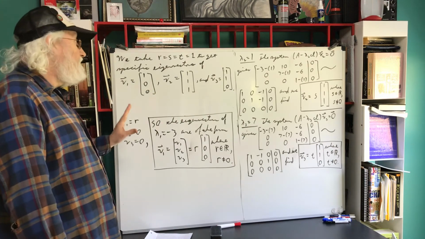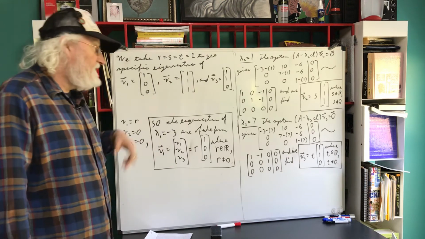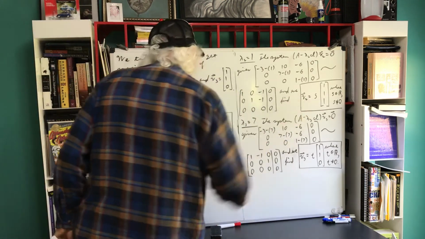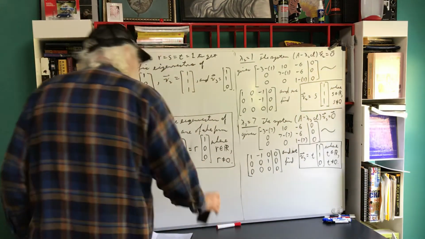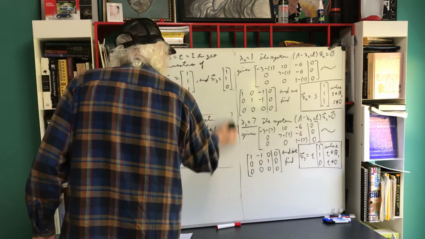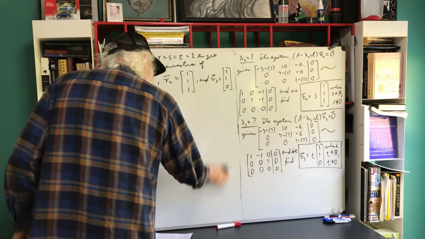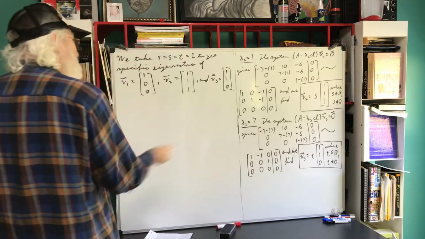I'd rather invert a matrix that's a lot of 0s and 1s than a matrix that's got 7s and 15s in it. But there's nothing to stop you from setting s equal to 15 and taking the eigenvector 15, 15, 15. You'd pay for it if you had to find C inverse. You don't have to find C inverse in this one. They didn't ask that, though it's a common thing to ask in these exercises.